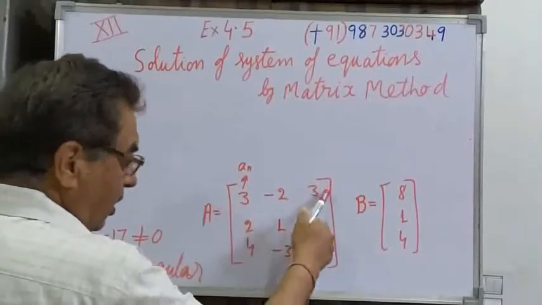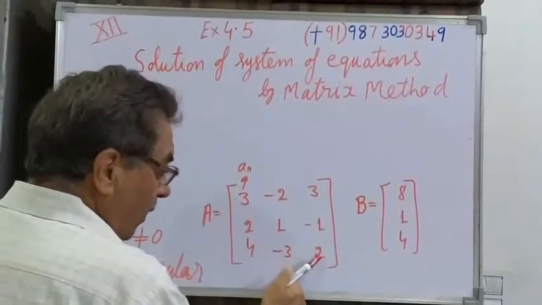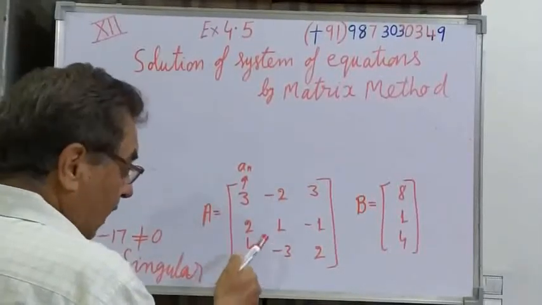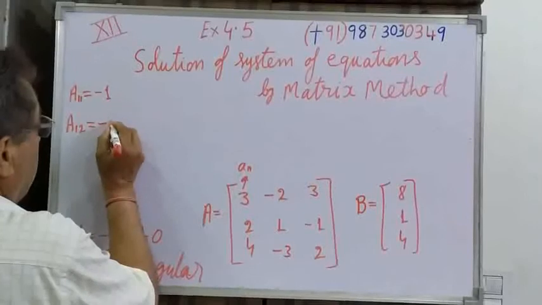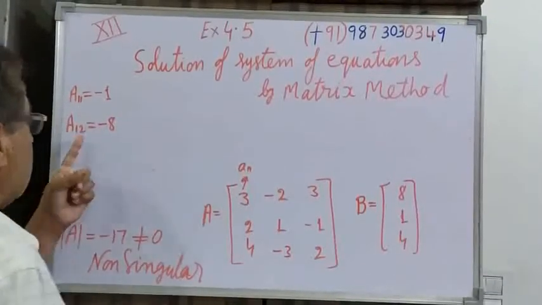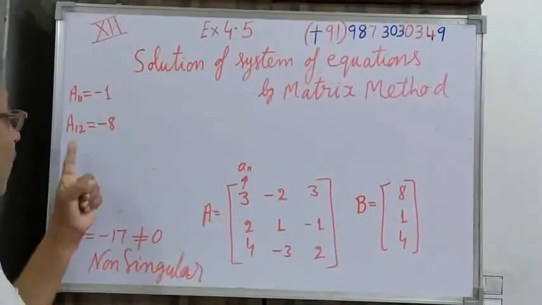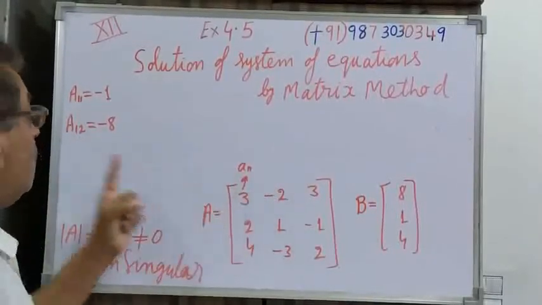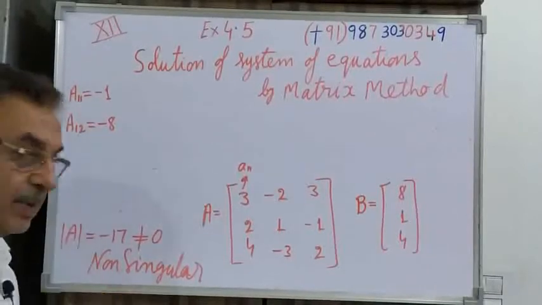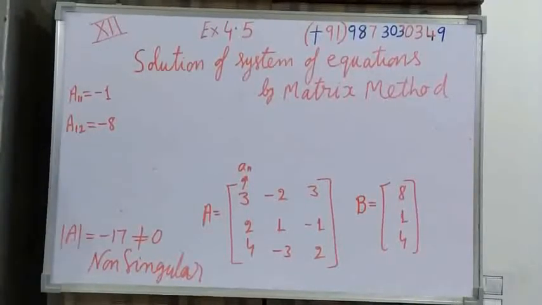Hide this one. 2 twos are 4 and plus 4, 8, or it would be minus 8. Reason? We are finding the cofactor of the element 1, 2. The sum of these two is odd, so we put the negative sign from our side. So that is the cofactor A12.